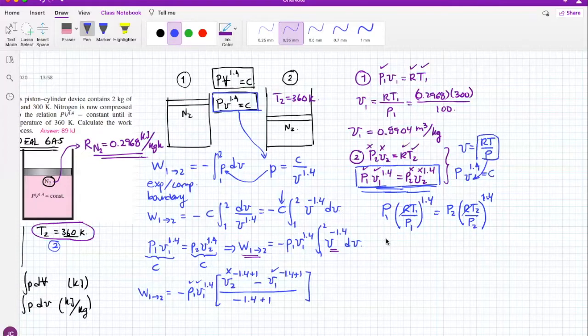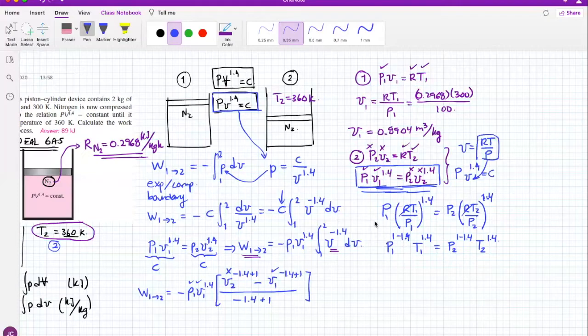Hopefully you can take a look at this one. So P1 to the 1 minus 1.4, you see that 1 minus 1.4, T1 to the 1.4 equals P2 to the 1 minus 1.4 and then T2 to the 1.4.